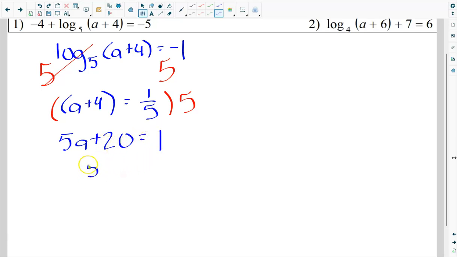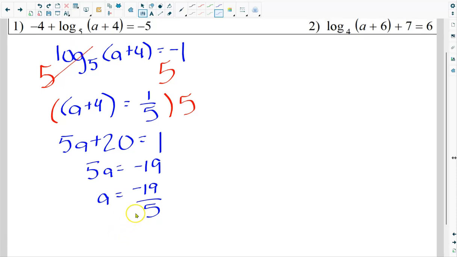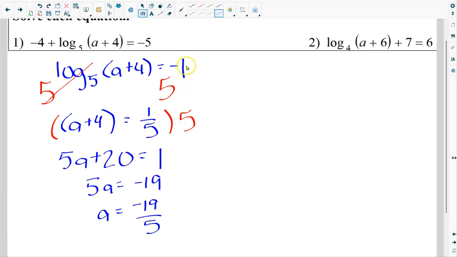We're going to subtract 20, which gives us 5a equals negative 19. Divide by 5, and a equals negative 19 fifths. Maybe it seems like a lot. Hang in there. Let's look at another example.